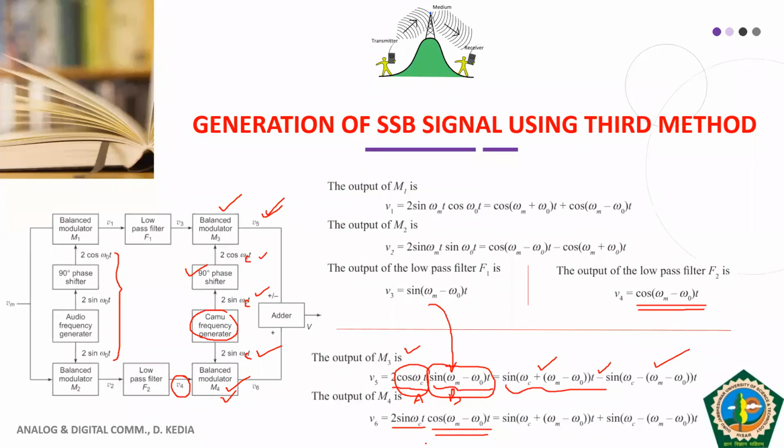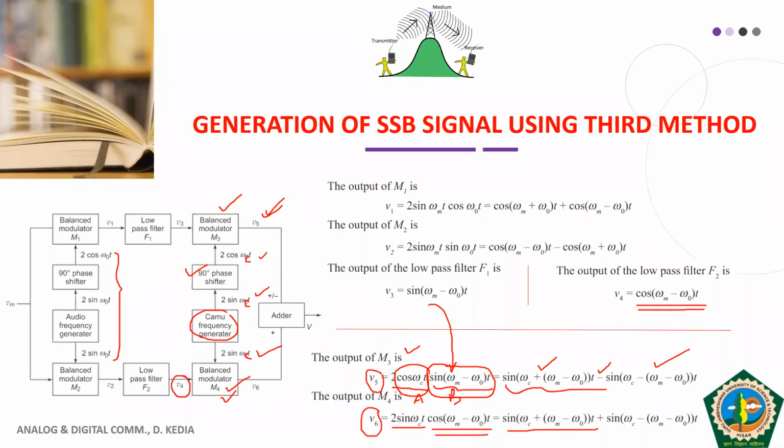So this is 2 sine A cos B. If you apply the identity, we get sine of omega c plus omega m minus omega naught t, and instead of the minus sign we have a plus sign here, sine of omega c minus omega m minus omega naught t. This is how we get your V5 and V6.